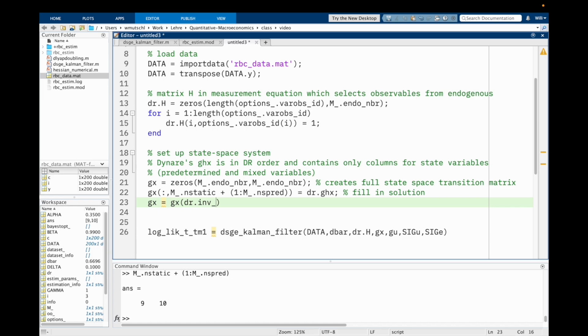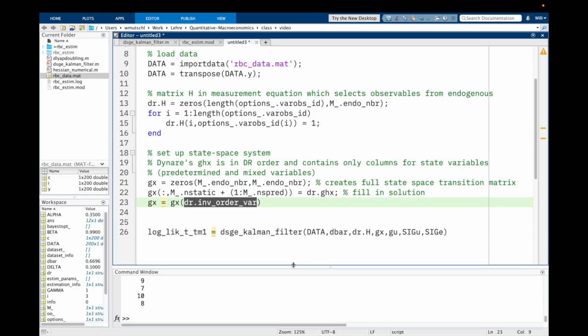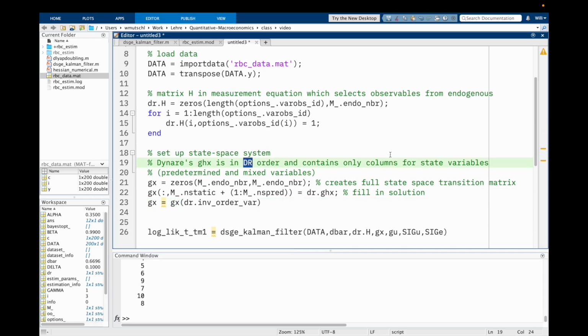Dynare has a vector called inverse order var, which tells me how I need to permute the rows to get back from the DR order to declaration order. And I need to do this on the rows, but also on the columns. Okay, so this is put into declaration order.